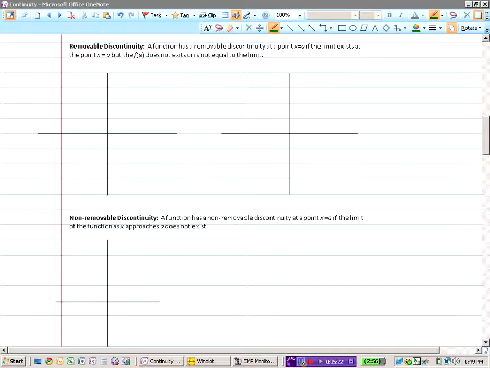And there's a couple of other terms that we need to talk about. There's this thing called a removable discontinuity and a non-removable discontinuity. So these are just some definitions.